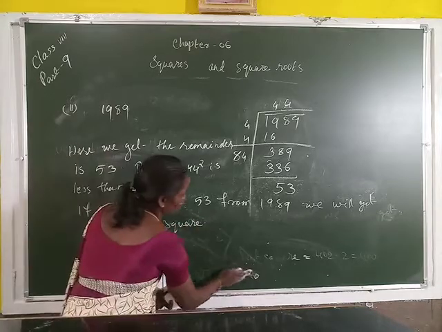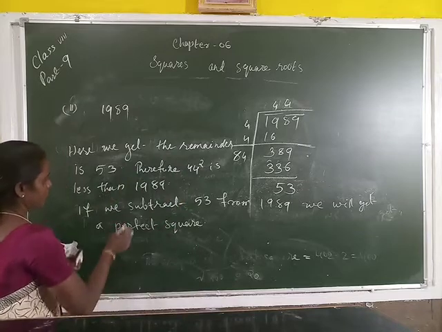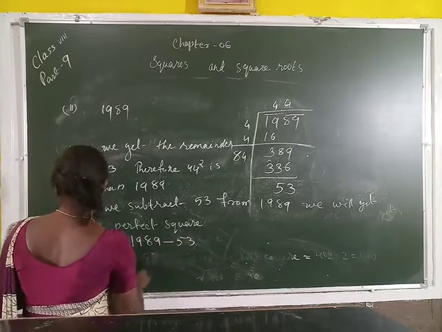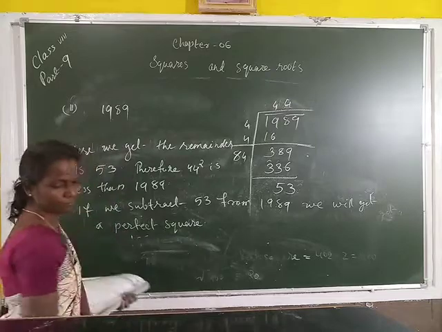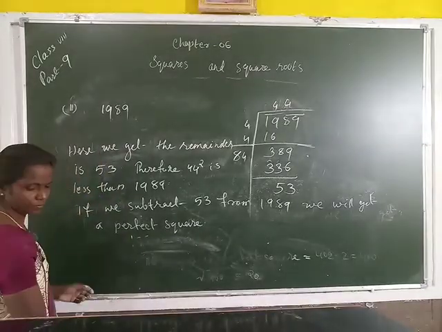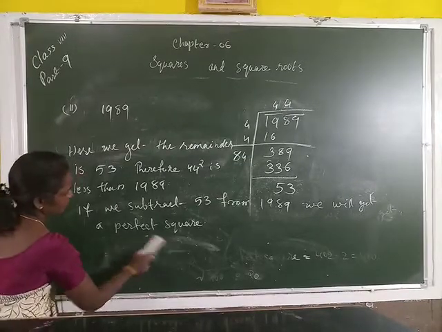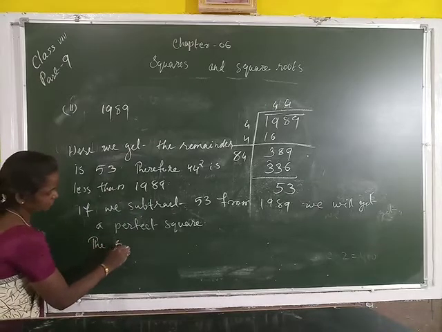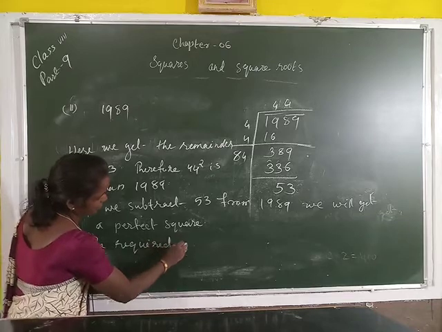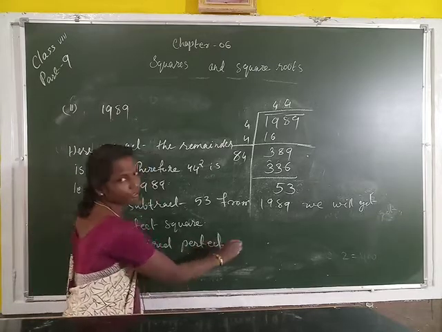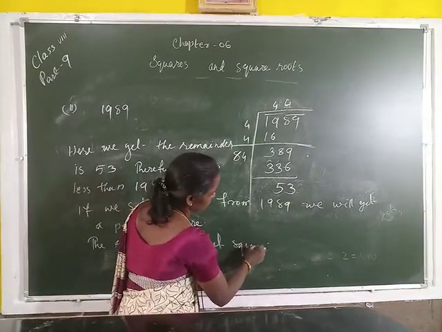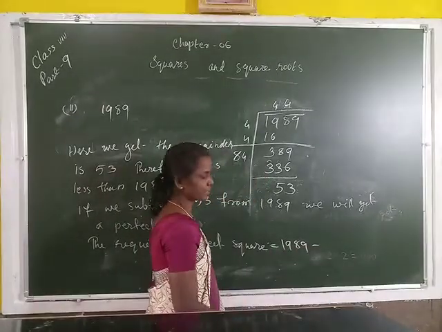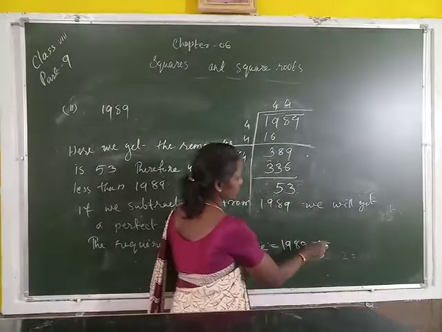Then the required perfect square is equal to 1989 minus 53, this remainder.